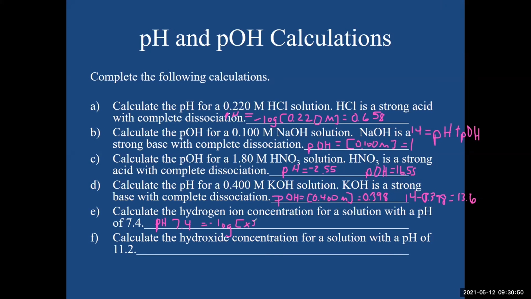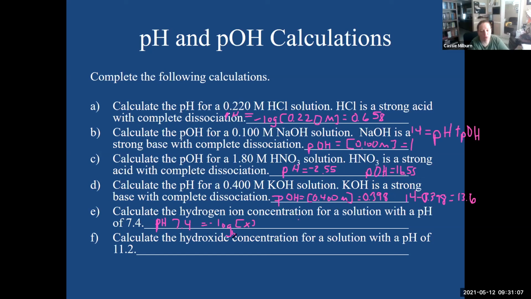Would we divide the 7.4? We're going to divide by negative log, so we can solve for X. So is it negative log? Because it's log base 10. Okay, so it's the same thing as saying, because we have negative 7.4, we bring the negative to the other side.